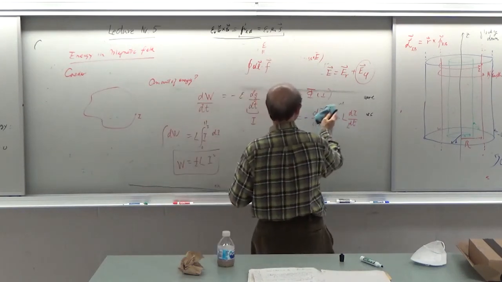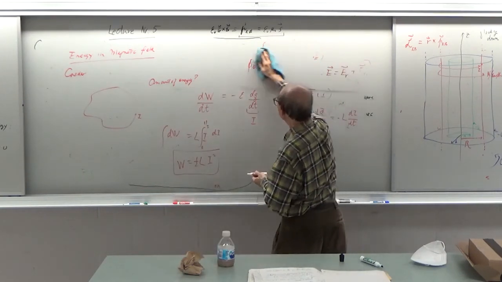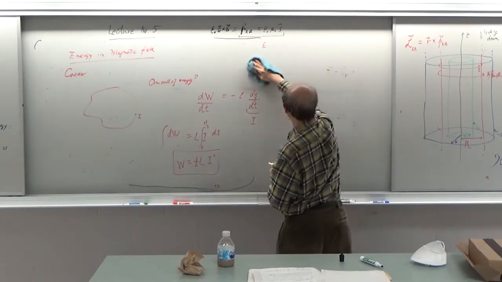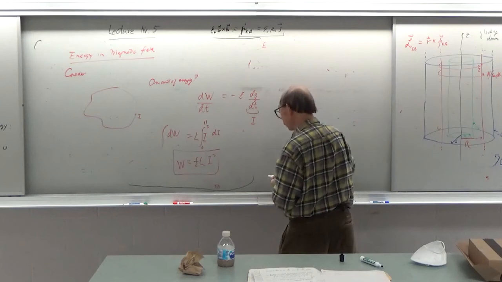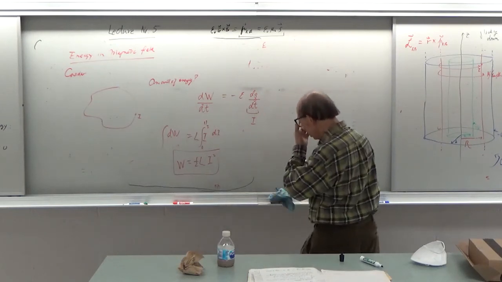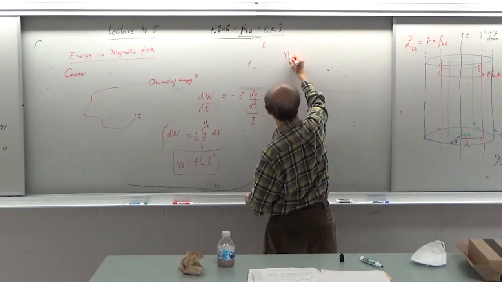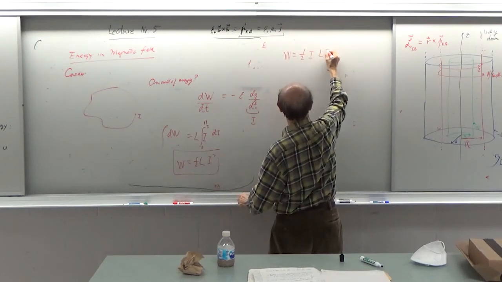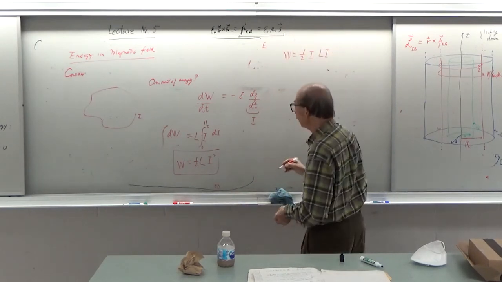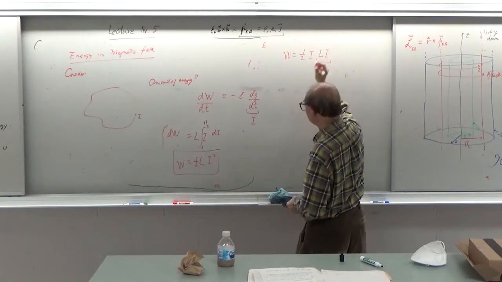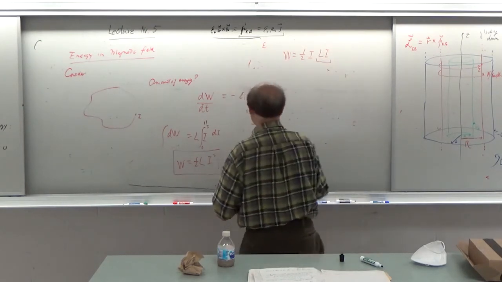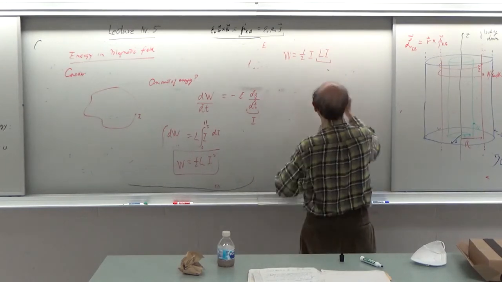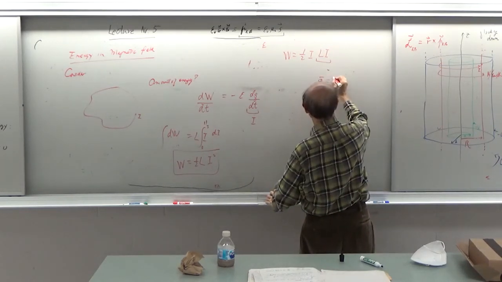All right, and now let me continue. So let me write W as 1/2 of I times LI. And what is LI? That's interesting. Flux is LI.